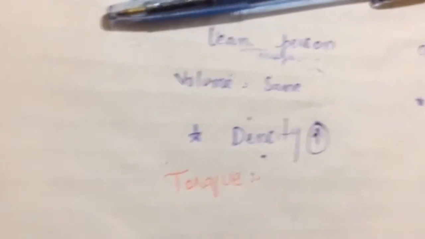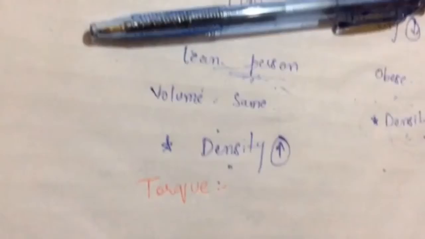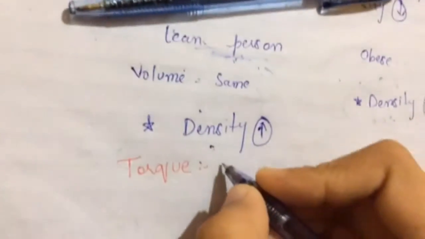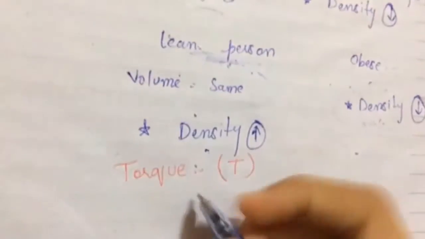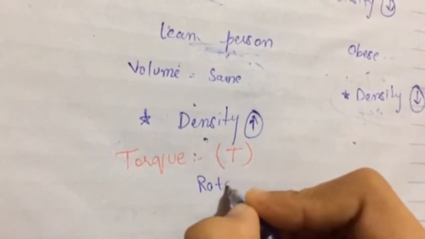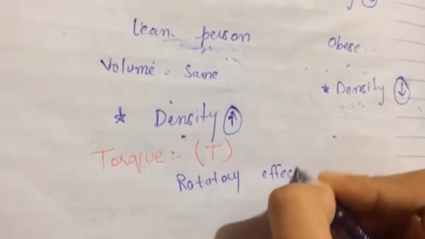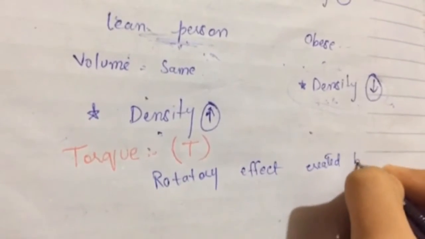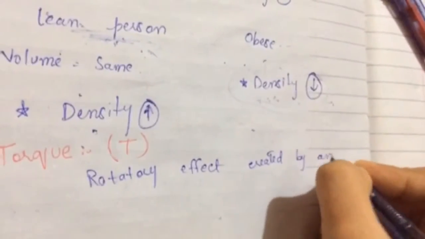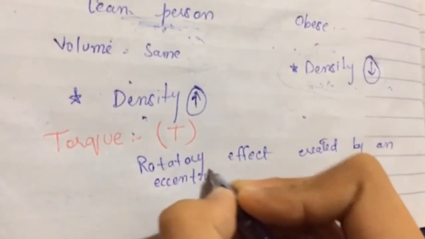So first we have to write what torque is. Torque is denoted by the symbol T, and simply, the rotatory effect created by an eccentric force is known as torque.